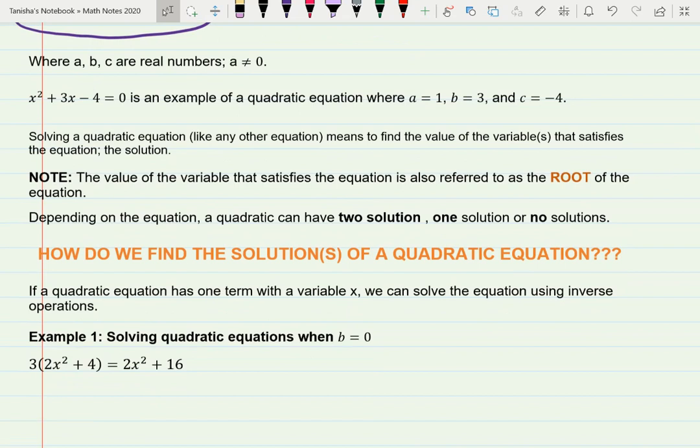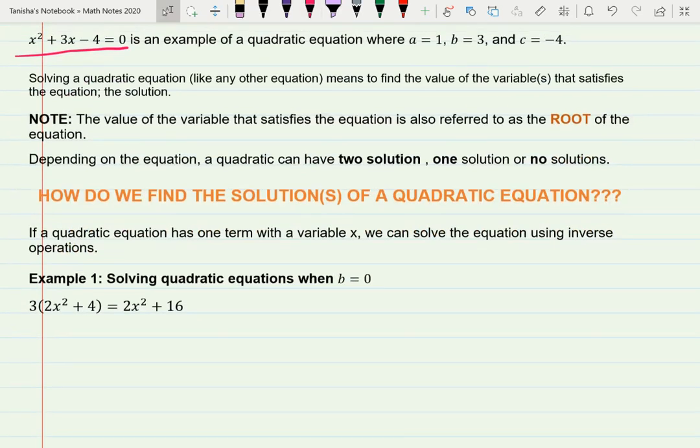So let's look at this example. We have x squared plus 3x minus 4 equals 0. This is an example of a quadratic equation. Notice the x squared term. In this case, your a coefficient is a 1, the b is a 3, and the c is a negative 4.